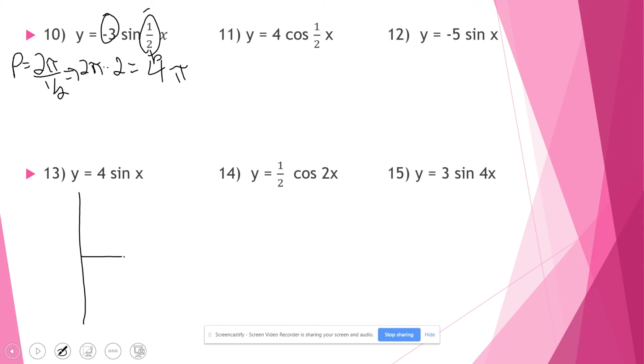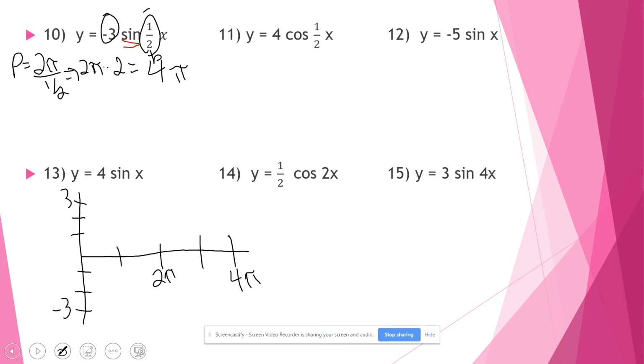Our graph has to go from 3 to negative 3, and our 4 hash marks go to 4 pi. Again, find the middle part. Half of 4 is 2. That's 2 pi.